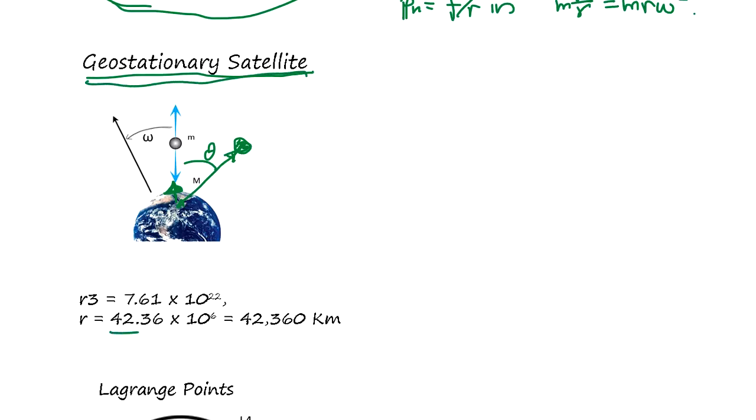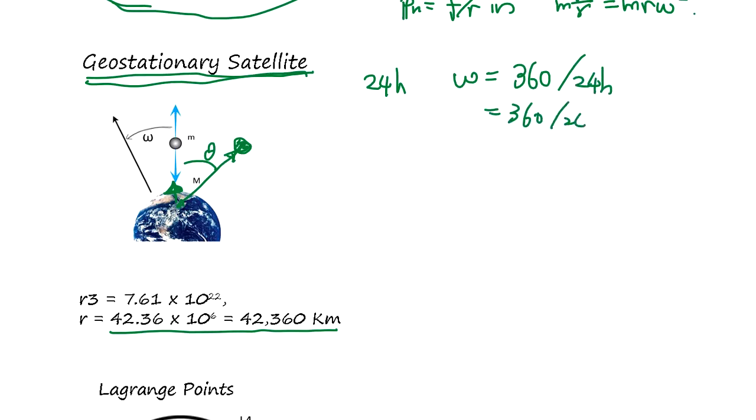And the geostationary satellite's movement is 24 hours per circle, right? So the omega is 360 degrees divided by 24 hours, times 60 seconds, minutes, hours.